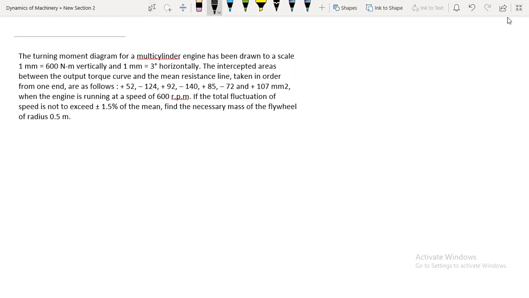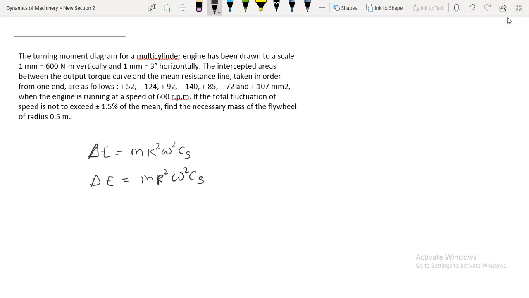Before continuing this problem, I would like to give you the two equations which we know, that is delta E equals m k square omega square Cs, and this delta E can also be written as m R square omega square Cs.